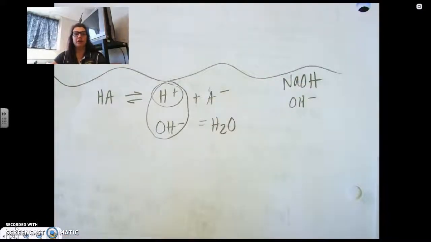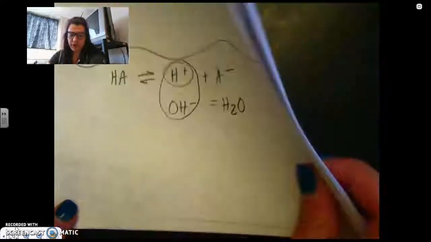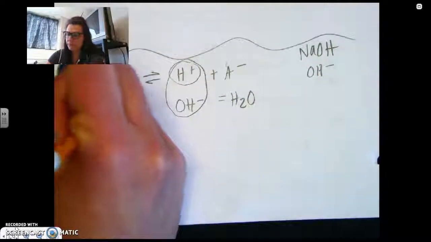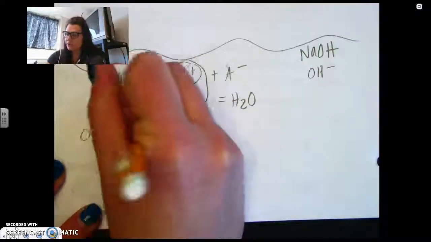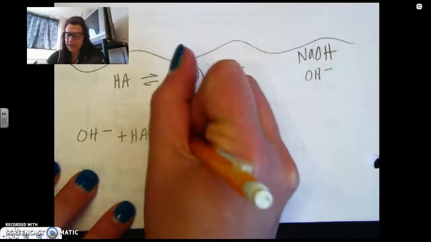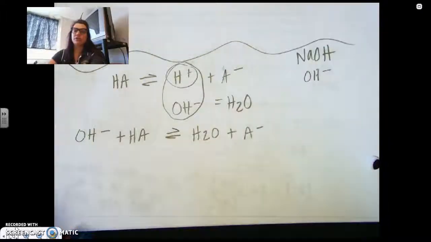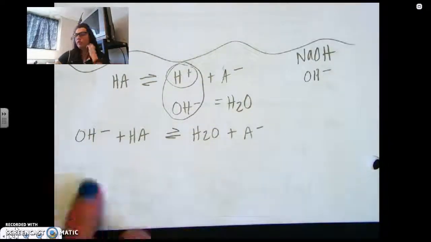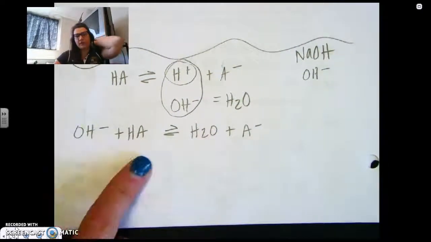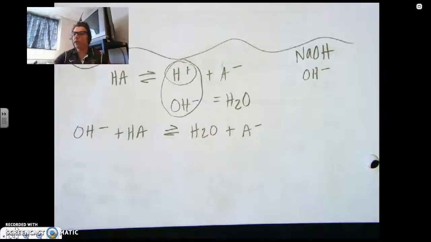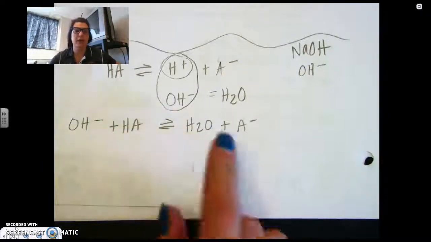Okay, so then you're not changing the pH because this H plus can deter the hydroxide from affecting the pH. So you have OH minus plus HA in equilibrium, you'll make H2O and the conjugate base. Okay, so if you add the hydroxide to the weak acid, instead of hydroxide, you'll make water.